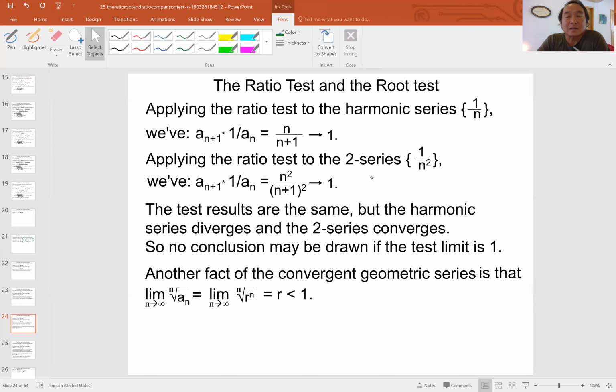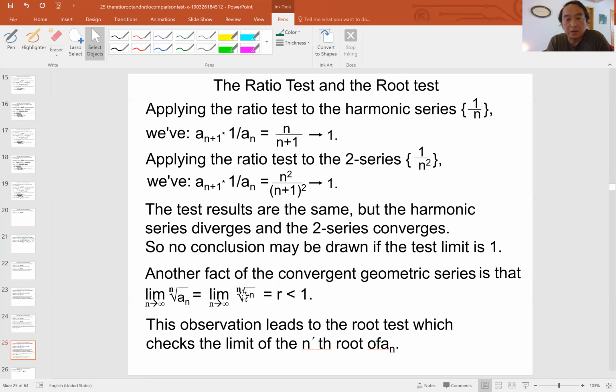Another characteristic of the geometric series is that if I take the nth root of a geometric series with terms r to the n, the nth root is equal to r. I get the ratio r again this way.